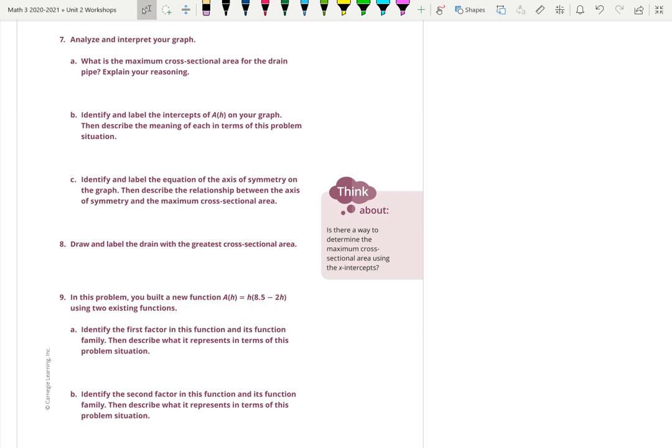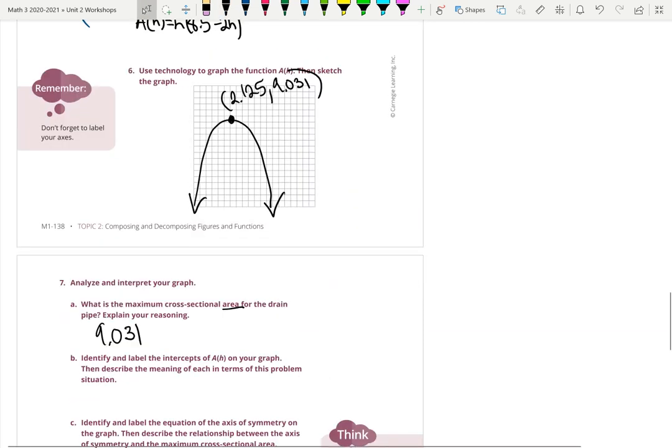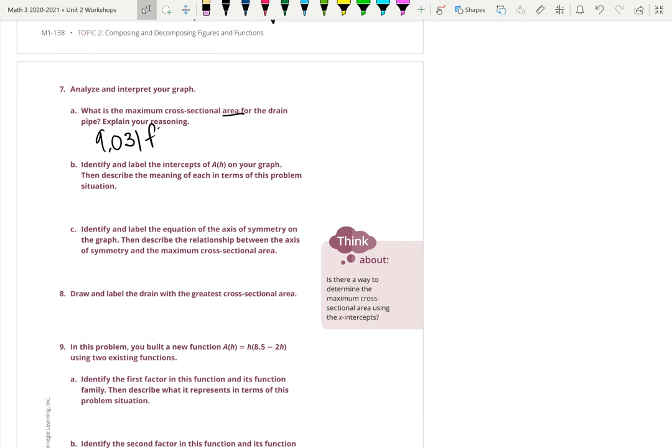The cross-sectional area for the drain pipe is basically the sewer that we're looking at. What is the maximal area? Well, what did we say? 9.031. Let me check that. Now this is feet squared, and the reason being is it is the maximum height.